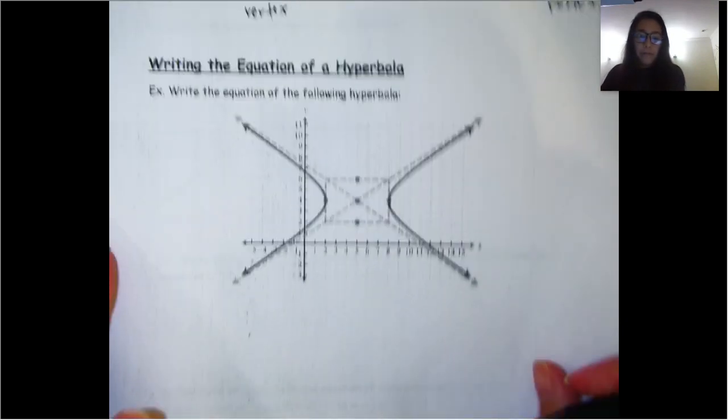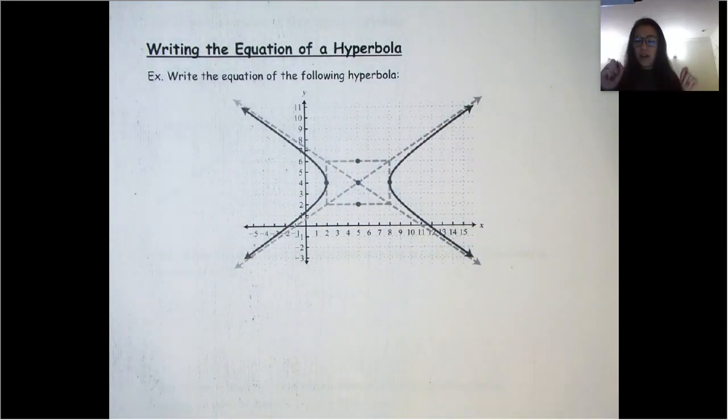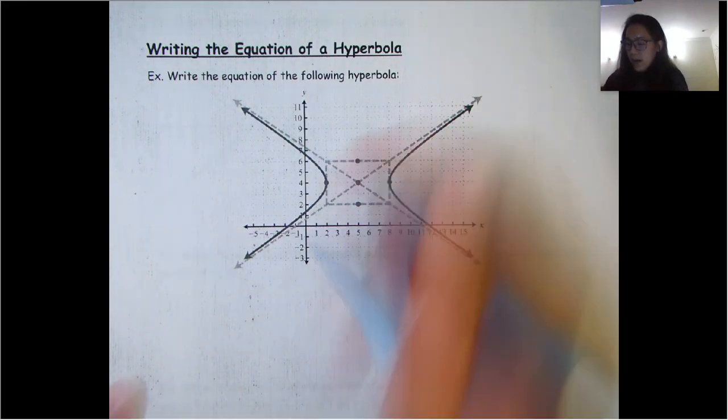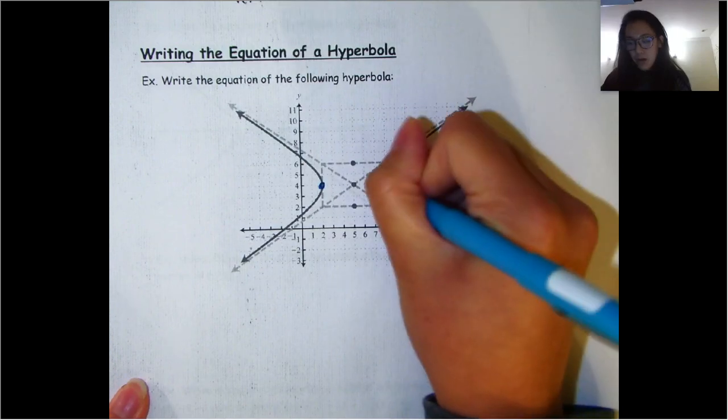Okay, so I want you to look at this graph, and I want you to pause the video and see if you can just identify each of the traits. Okay, so go ahead and pause here. All right, now that you've identified each of the traits, you should have realized that these here are called vertices.